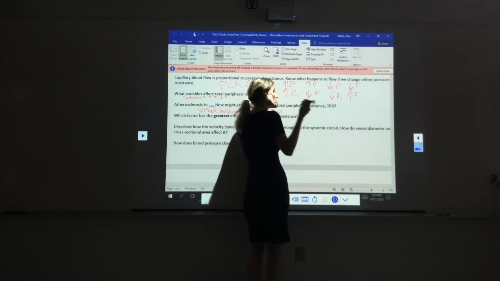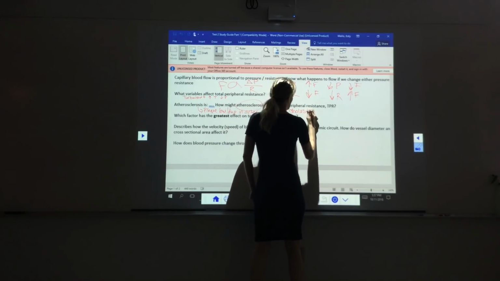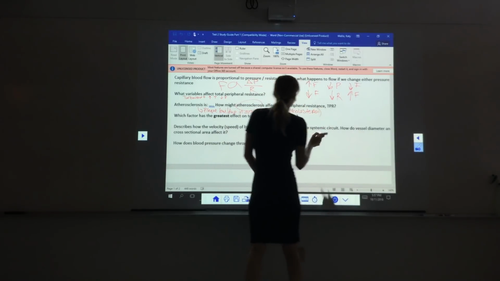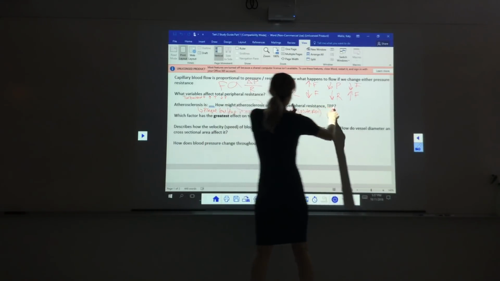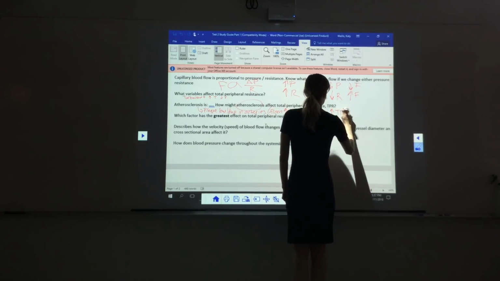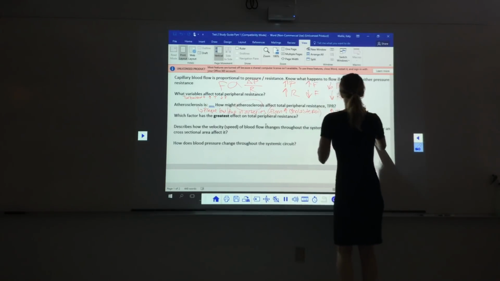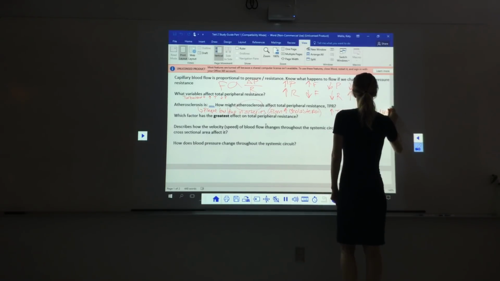From hypercholesterolemia, or too much cholesterol. And what does that plaque buildup do to total peripheral resistance? It increases total peripheral resistance by increasing turbulence.